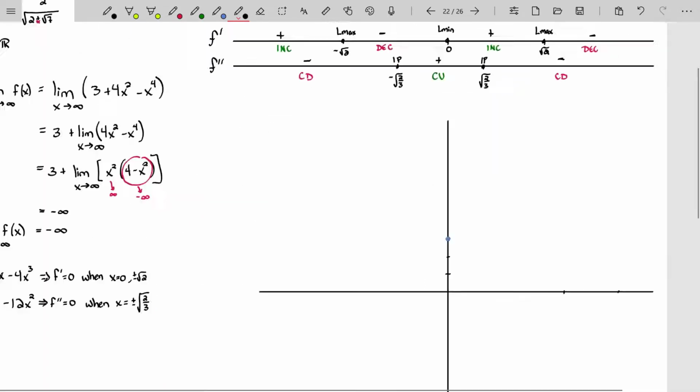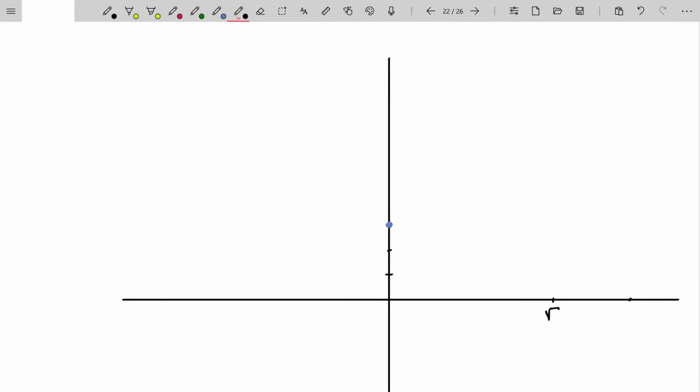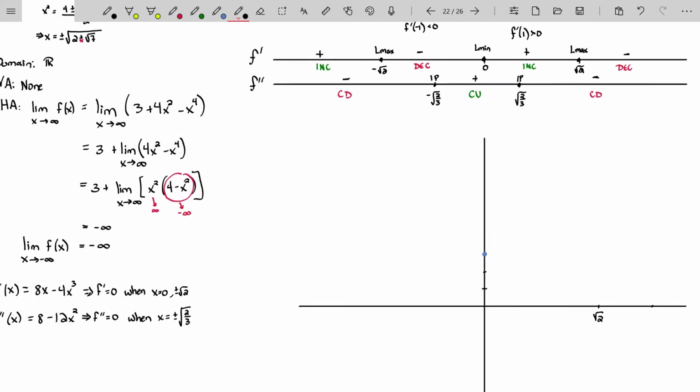So I'm going to go ahead and say that if this is the square root of 2, then up above, technically it should probably be right about here, root 2/3. And likewise on the other side, this will be negative square root of 2, and this will be roughly a negative root 2/3.